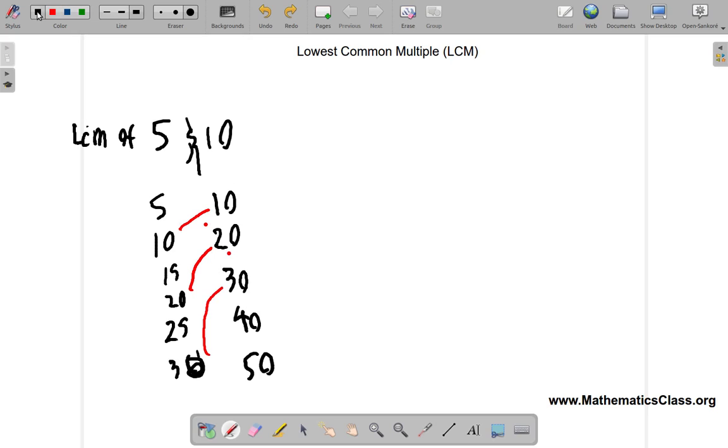It's common to both. Alright. Now, which one is the lowest? Well, as you can see, it is 10 that is the lowest common multiple. So the LCM is 10. So the lowest common multiple of 5 and 10 is 10.